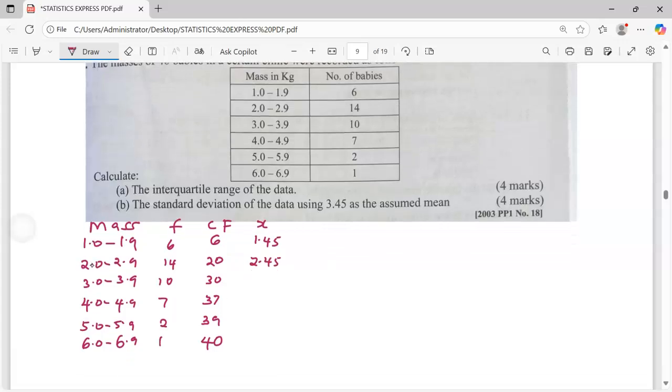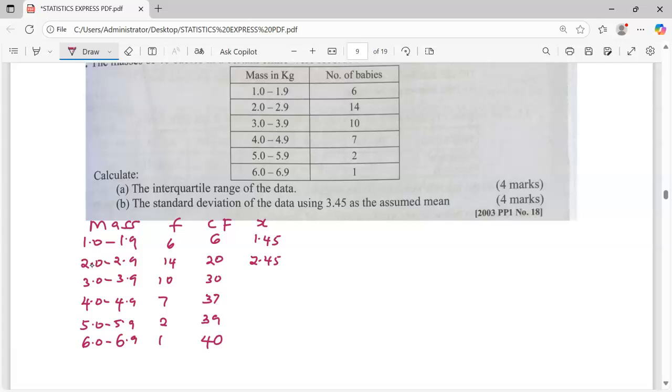Then next we have between 3 and 3.9, we add the two, then divide by 2, you get 3.45. Then next we have 4 plus 4.9, divide by 2, you get 4.45. Next we are going to have 5.45. And lastly, 6 plus 6.9 divided by 2, you get 6.45.